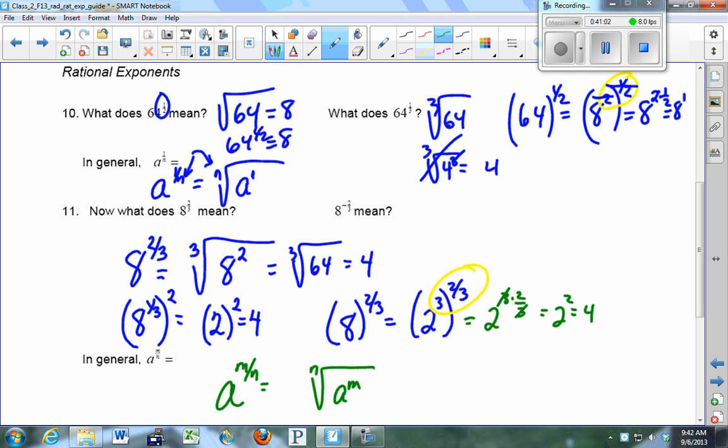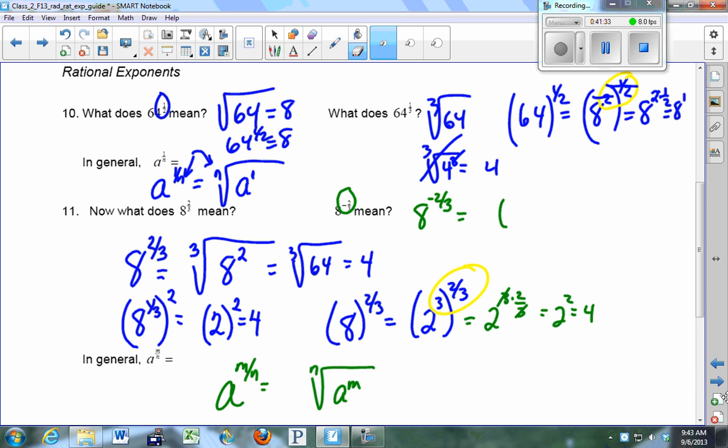Oh, the -1. What does this mean? What if we know 8 to the 2/3 is 4, what is this answer going to be? 1/4. It just says, put me on the bottom. I'm the reciprocal. It has nothing to do with negative numbers. So 8 to the -2/3 says, take my cube root. Oh, I keep getting that wrong. I'm trying to hurry here.